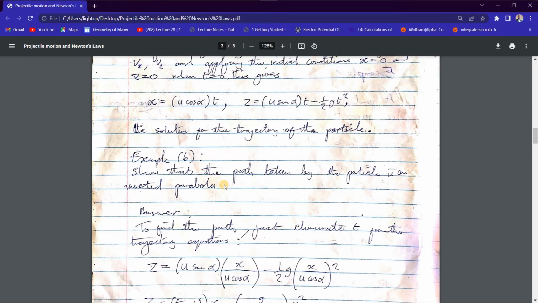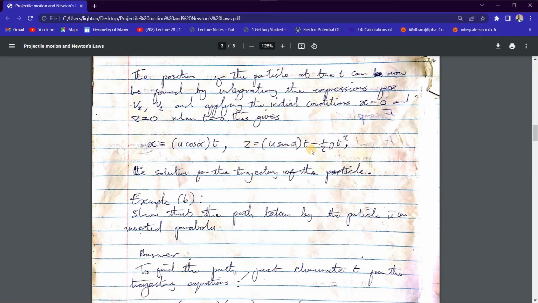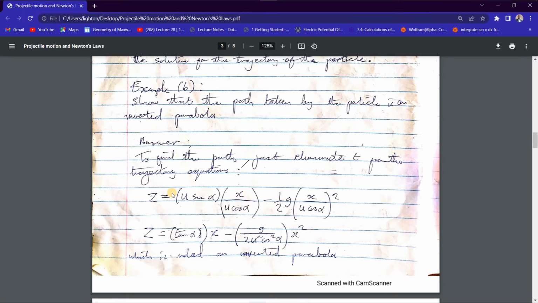We have this equation and this equation. When you make t the subject of the formula from this equation here, and you put that t in this other equation, you're going to get this expression here. And simplifying this expression further, you get z equals tan alpha x minus this whole expression.